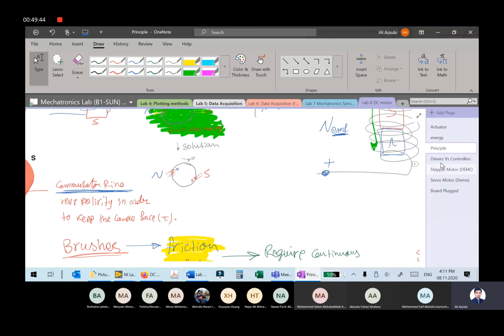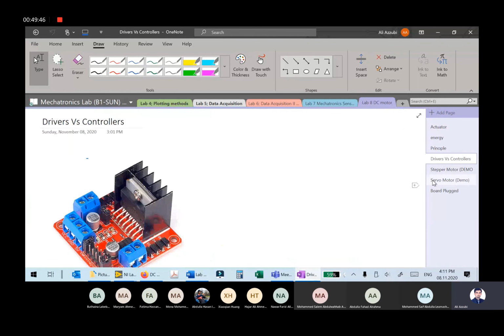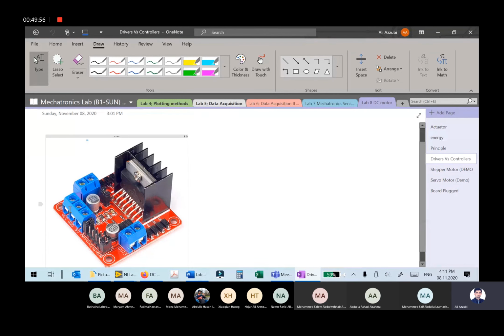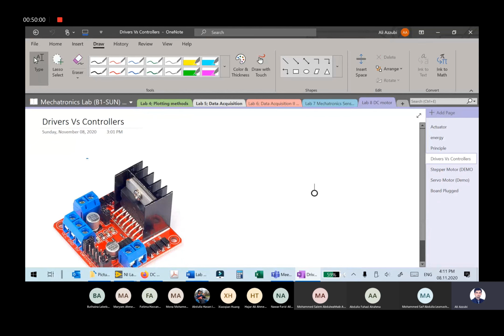Now, I'll give you extra information about DC motors, circuit-wise: drivers and circuits. In general, to operate a DC motor, you can directly hook it up to a battery like this.